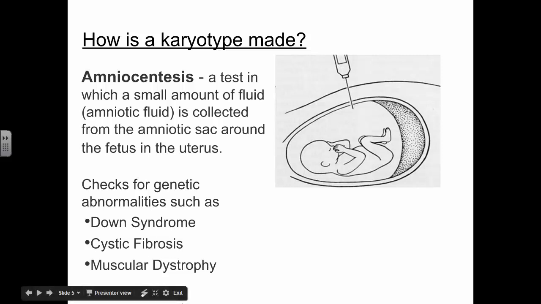Sometimes a chromosome doesn't split properly, so you get more than one chromosome in a cell, and then they don't add up right, so you have more or less than the 46. That causes other types of issues. That's like Down syndrome. You have an extra chromosome, and you can see that in the karyotype.